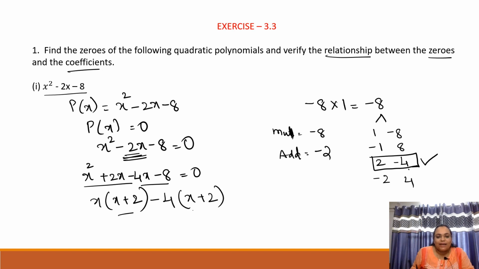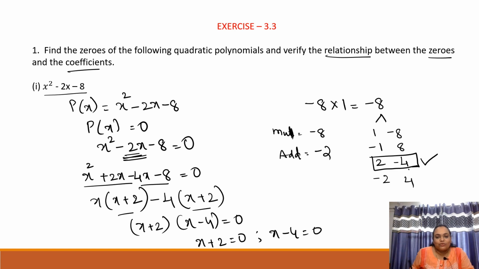So x plus 2 is common. x plus 2 and x minus 4 is equal to 0. So x plus 2 is equal to 0 and x minus 4 is equal to 0. x is equal to minus 2 and x is equal to 4. So x equal to minus 2 and 4 are the zeros of this given quadratic polynomial.